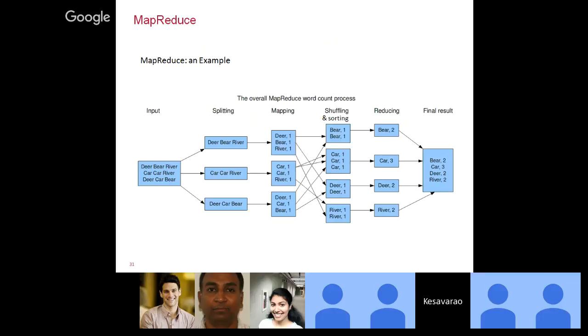But for the system, how does it know there are 3 cars, 2 rivers, 2 deers and 2 bears? If you see the input and the final result without seeing anything in between, with my own eyes I'm able to make out car 3, bear 2, deer 2, river 2. But when the system is doing it, this is just 9 words.